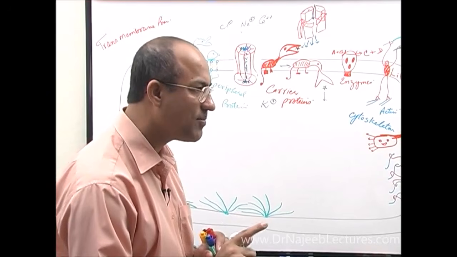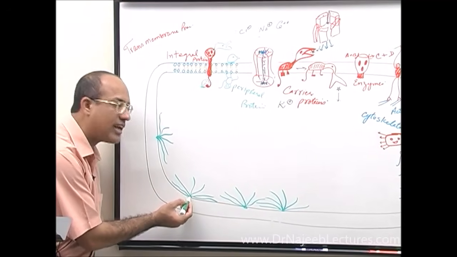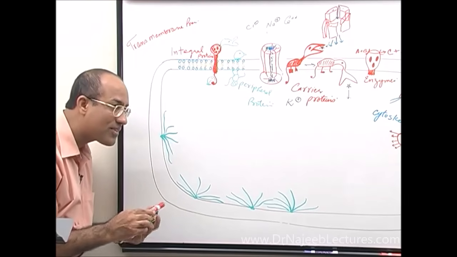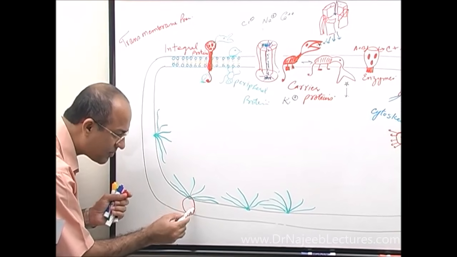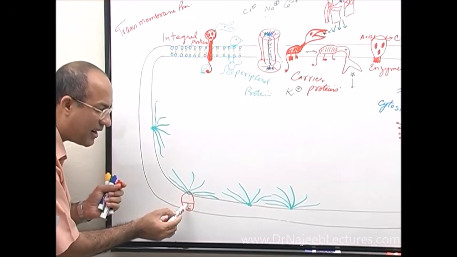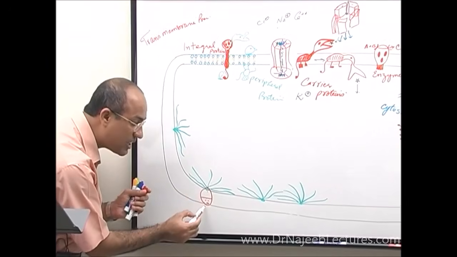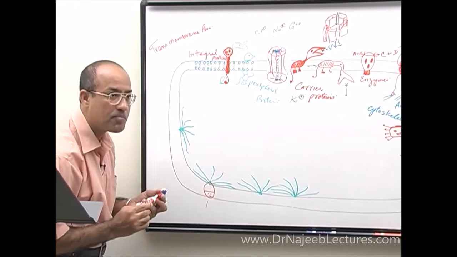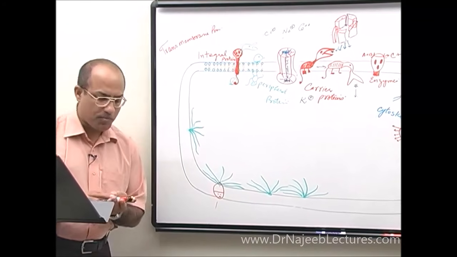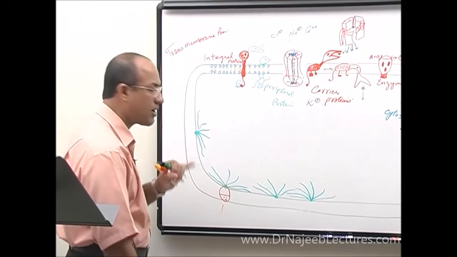A cytoskeletal peripheral protein may be associated with a linker protein, which may link it with the extracellular matrix. Am I clear?